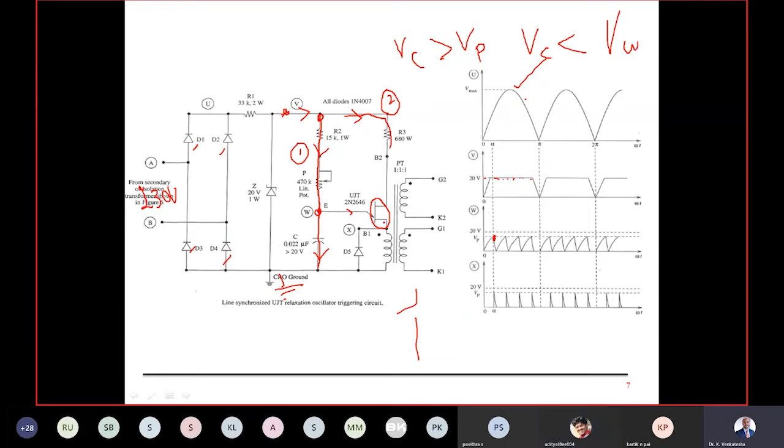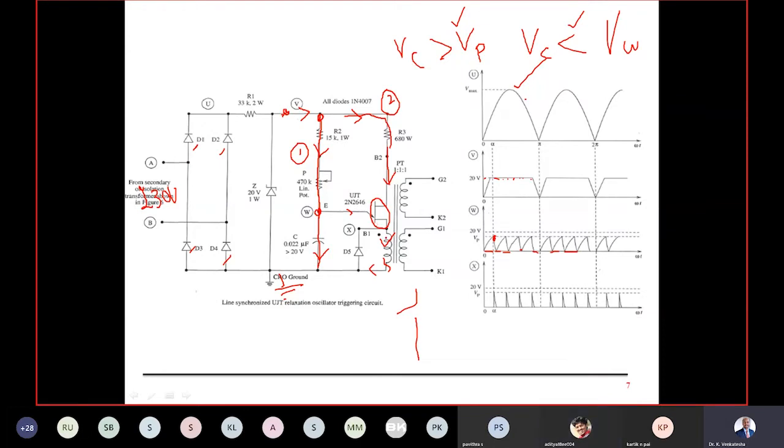When the capacitor voltage is more than the peak voltage, then the UJT will be turned on, so the current starts flowing to the primary winding of the pulse transformer. When the capacitor voltage is less than the valley voltage, which is almost zero here, then the switch will be turned off.